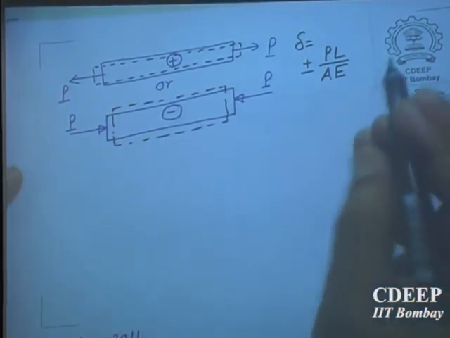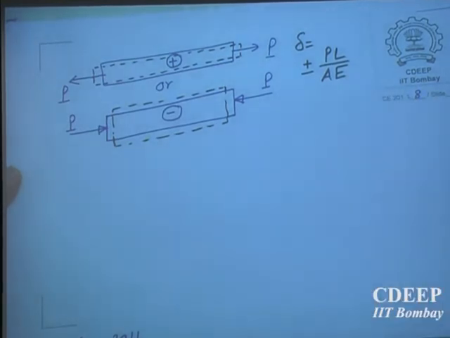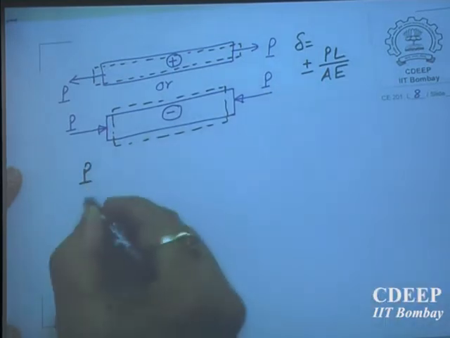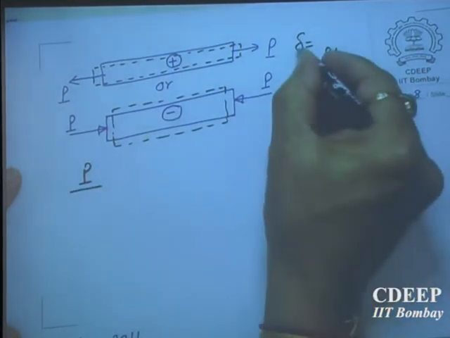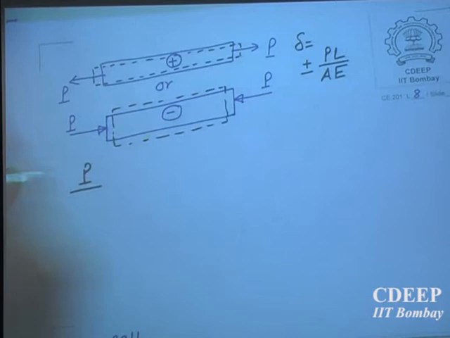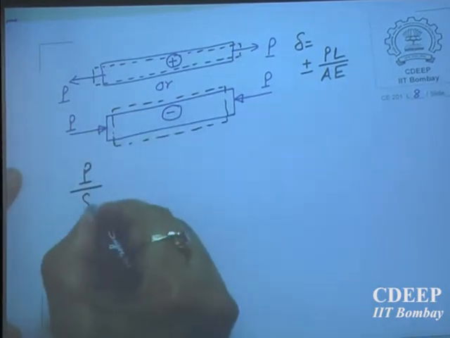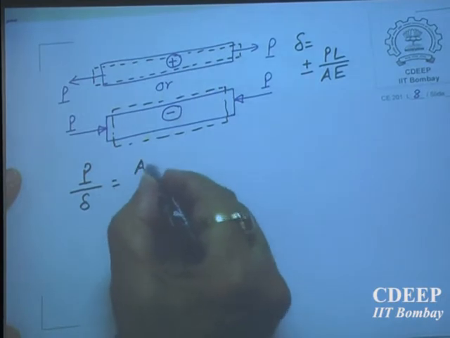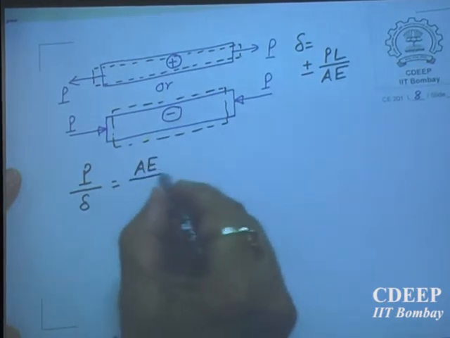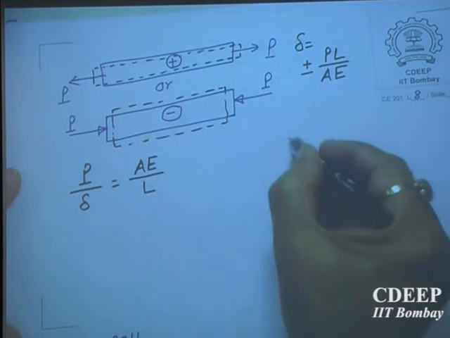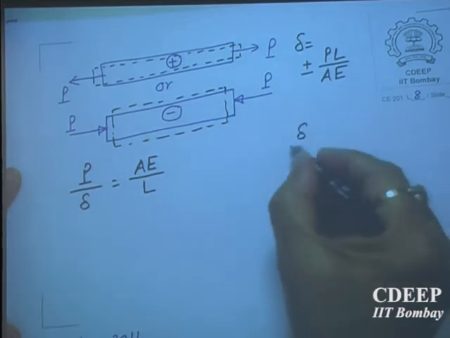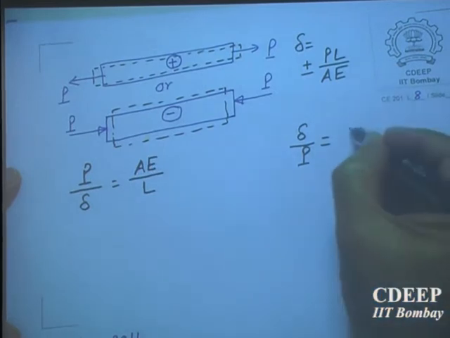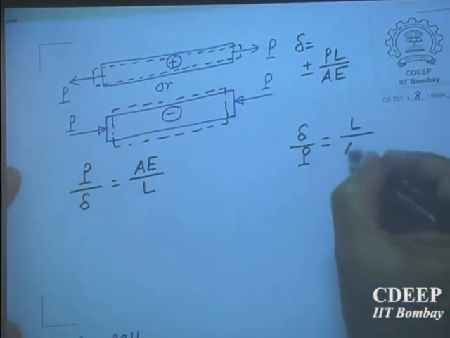Now, what is P by delta? P by delta equals AE by L, and delta by P is equal to L by AE.